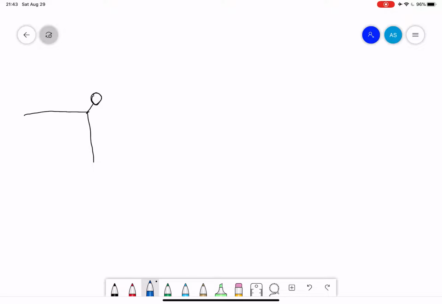We have our object, which is connected by a rope to the bigger mass. So let's call this one small m, and this one big M.